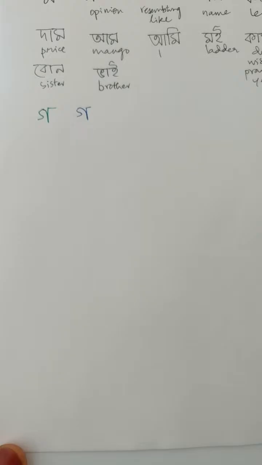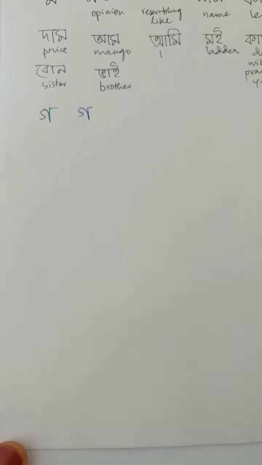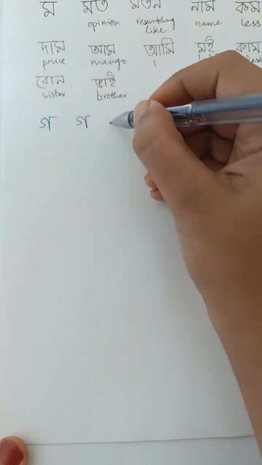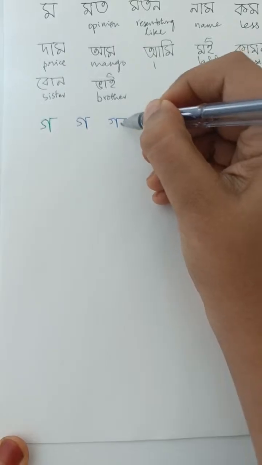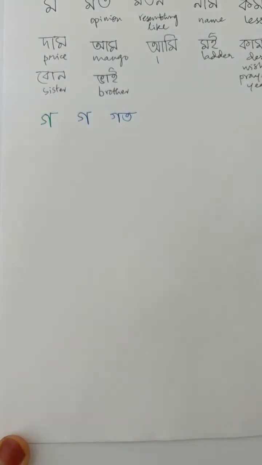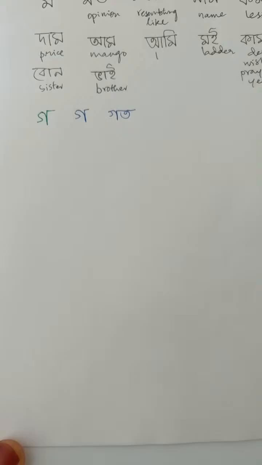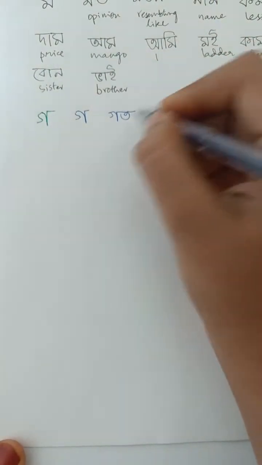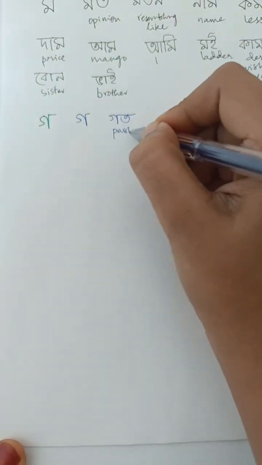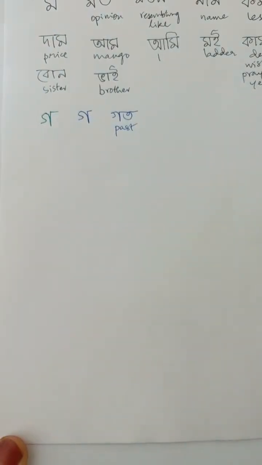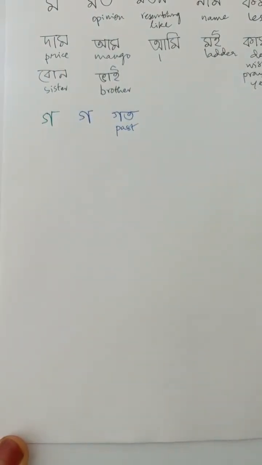Ga. Okay. So let me write a word with Ga. What is it? Gato. This means past. Something that has passed or past. Gato.